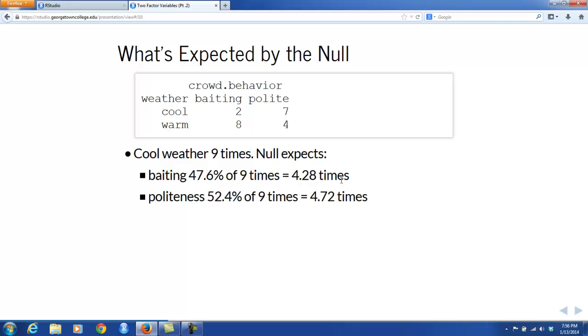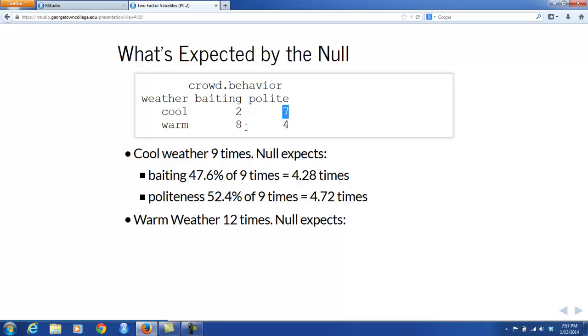Now, as for politeness, the null would expect that 52.4% of those 9 times, the crowd would be polite. That turns out to be 4.72. So, where we actually saw 7 incidences in which the weather was cool and the crowd was polite, the null hypothesis would expect to see about a 4.72 there, give or take some again for chance error.